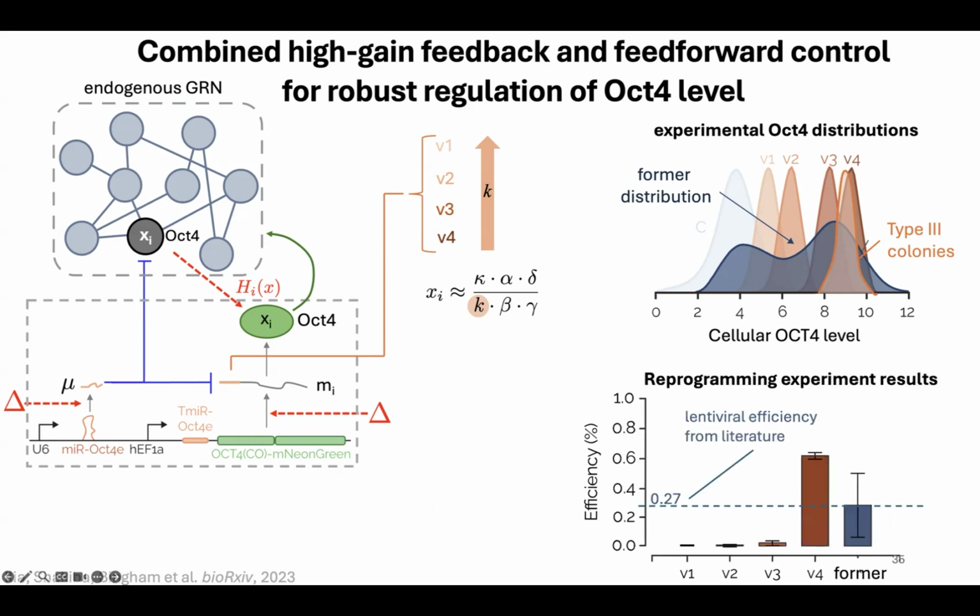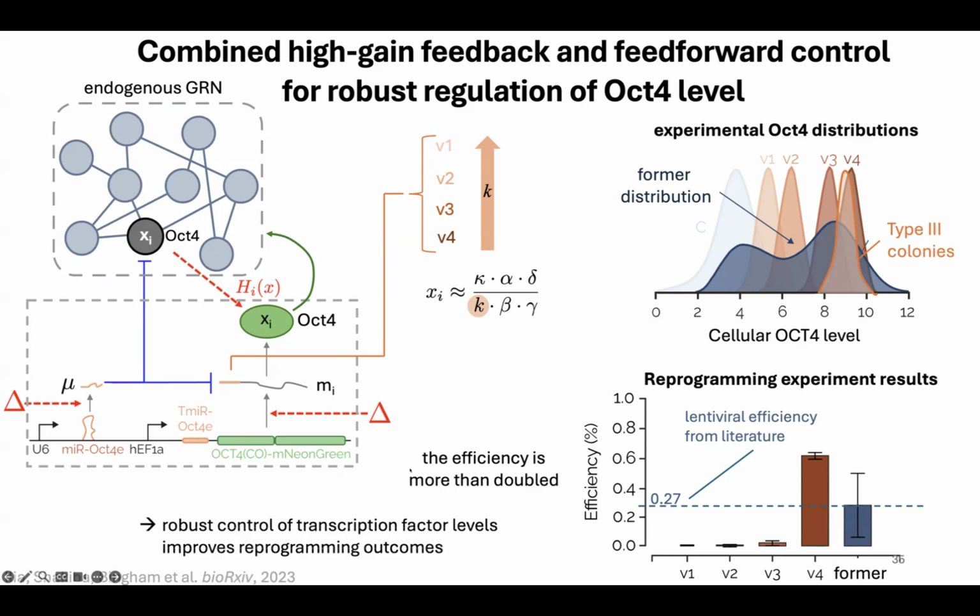Looking here, we see that V1, V2, and V3, even if they're just slightly different, resulted in very few colonies. However, V4 definitely outperformed all the other ones, and also the reported lentiviral efficiency from the literature by about twofold.